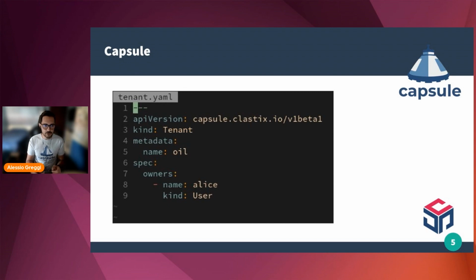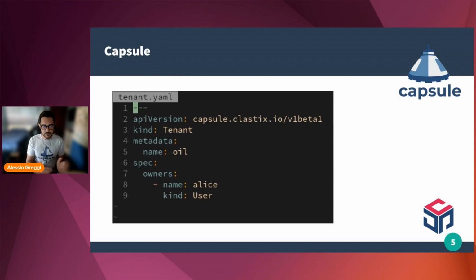We can also assign a name to the tenant. In this case, it is oil. And in the spec section, we can assign some owners to the tenant. In this case, we have the owner that is a user, and the user is named Alice. So these are the minimal requirements to create a tenant.